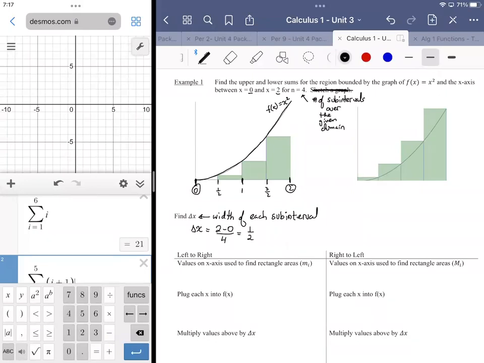That makes sense based off what we came up with here. We took that interval of 0 to 2 and chopped it in half again. Each one of these intervals is 1/2 a unit wide. And the same would hold true for the other diagram, but we'll get to that in a second.